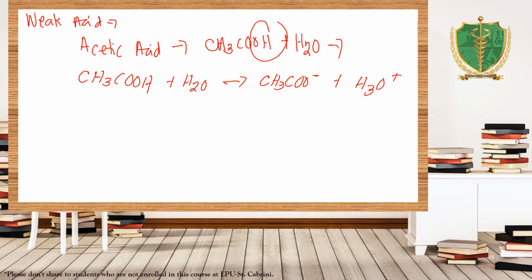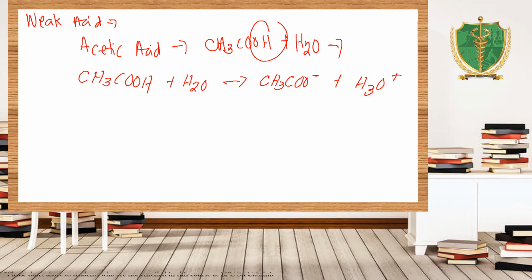Sir, question. Kaya na ba bang ibigay yung natitira niyang tatlong hydrogen? No. Hindi na. In other words, that is an example of a weak acid. Therefore, we cannot say that the more hydrogen that you have, the stronger acid that you are. Mali po yun. Maling sabihin na pag mas maraming hydrogen, mas acidic.